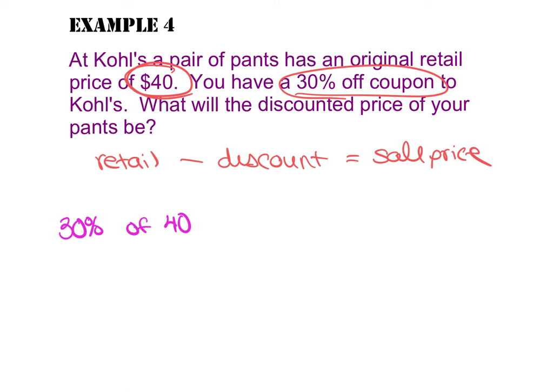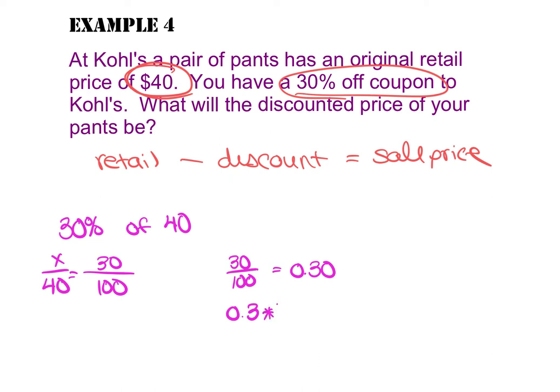We can set this up as 30 over 100 is equal to x over 40, cross multiply and solve. Or we can take 30 over 100, that's going to give me 0.30, and then multiply 0.3 by 40, and we end up with a discount of $12.